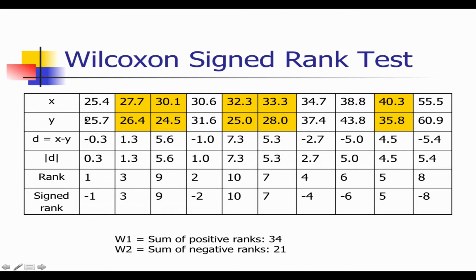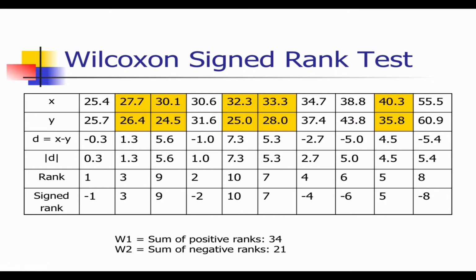So how do you construct a signed rank statistic? The first thing, similar to before, you still get D, the paired difference. You still calculate D equals X minus Y, so short minus tall. Previously, you calculated this D and then performed a one sample t-test on the difference.